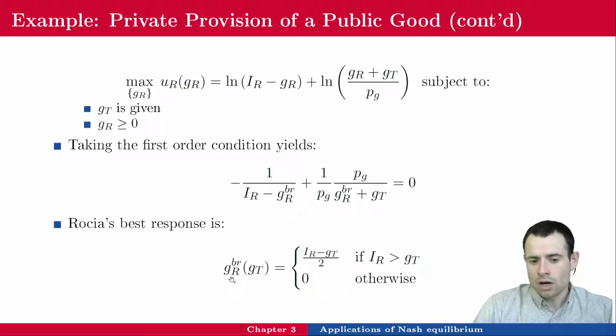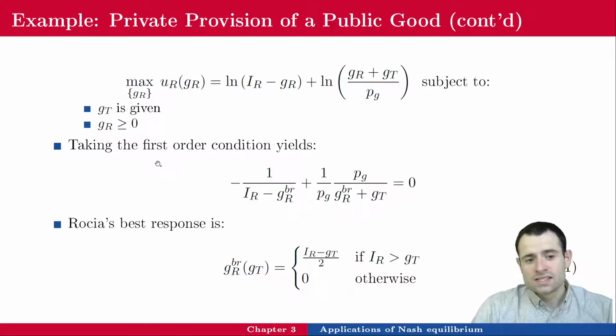So GR, the best response of Rosia, is a function of how much Tom contributes. And note that since the contribution must be positive or 0, in the case where Tom contributes more than IR, the income of Rosia, then Rosia is going to provide 0.